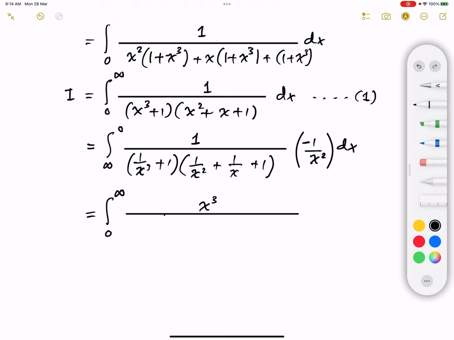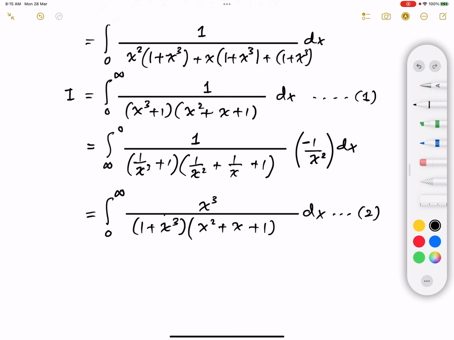We can split it as x cubed and x squared, multiplying the first term and the second term. If we do that, we are going to get 1 plus x cubed, if you multiply the first term by x cubed, and then we multiply the second term by x squared, so that would leave us with x squared plus x plus 1 dx, and I will call this equation number 2.